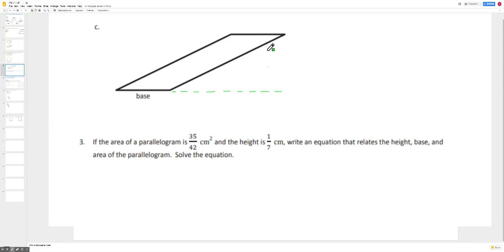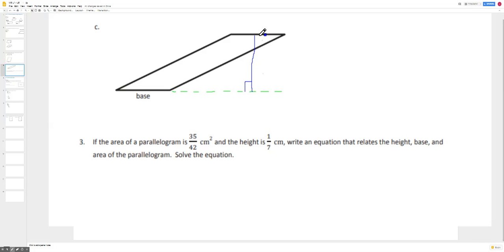I need to draw the straight line going all the way up to the other side of the base, or the parallel line to the base. And you're going to see this quite often, because I can't draw a straight line from this base to the other. So I have to extend it out here and then draw the straight line from this extended position. And this is now my right angle.